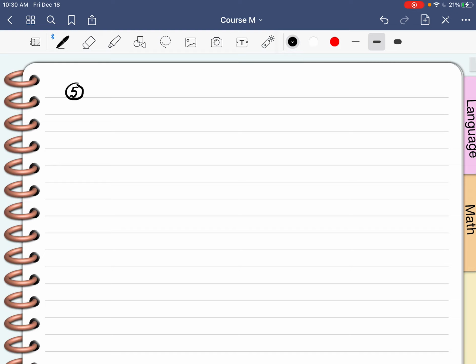I need to turn the page. This one I have k over 4 is less than -4. K over 4 is less than -4. So let's draw our power t.